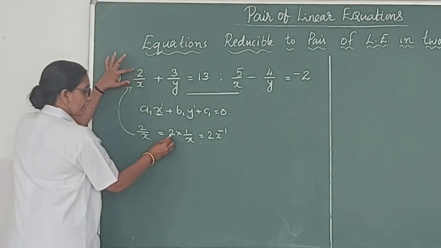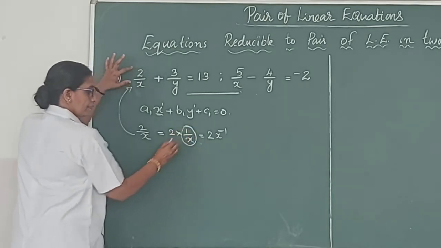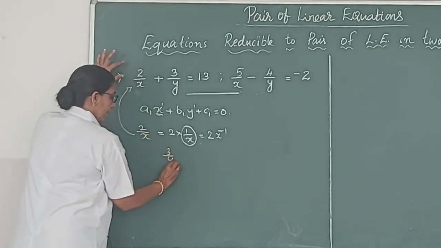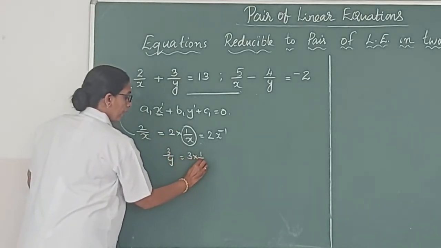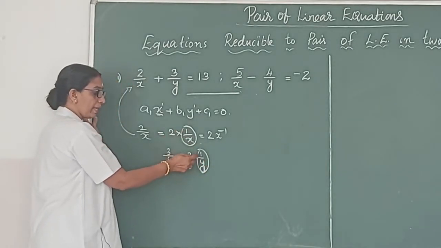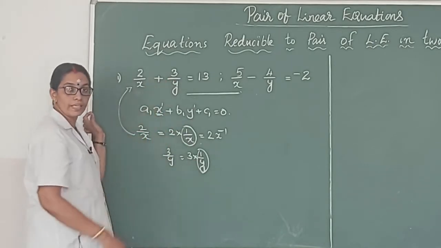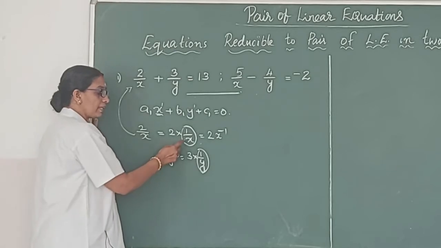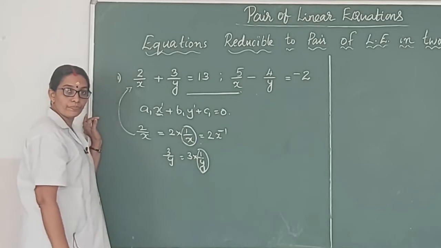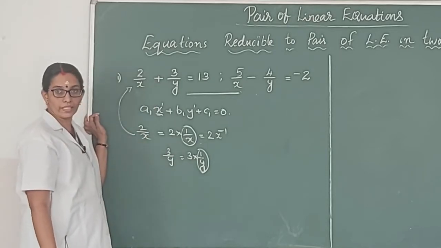The variable part is 2 by x, which means 2 into 1 by x, and 3 by y, which means 3 into 1 by y. Since the variable parts 1 by x and 1 by y are not linear, the equation is not linear. So if we give some substitution for 1 by x and 1 by y, then we can reduce this to a pair of linear equations.